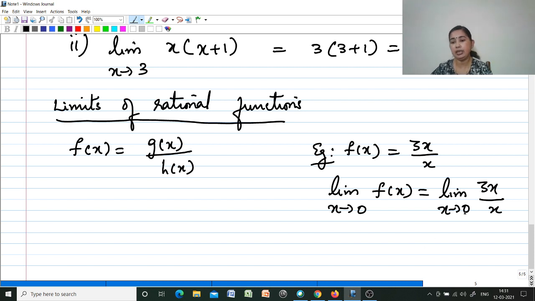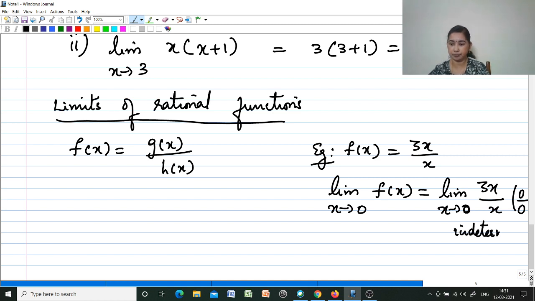If I give 0 for x here, I get 0 in the numerator and 0 in the denominator. So what happens? It is the 0 by 0 form, which we call an indeterminate form.